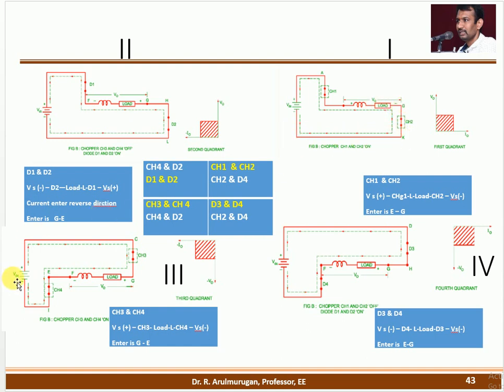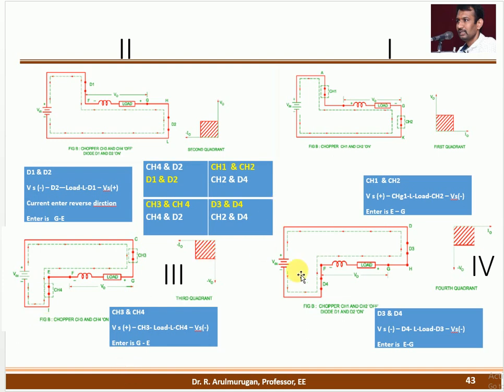Here the source goes to G, to the load, and the inductance closes. That is the difference: here the entry point is G with respect to the other, but here it enters directly to G with respect to F. That is the only difference. Okay, that's why it is negative.